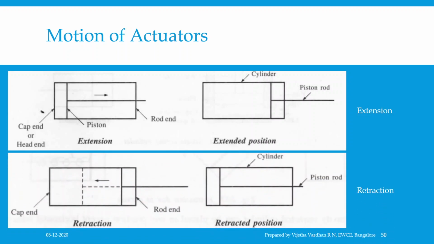Retraction is the movement of the piston from the rod end to the cap or head end of the cylinder, and you can see the respective figure for the concept of retraction and the retracted position of the cylinder.